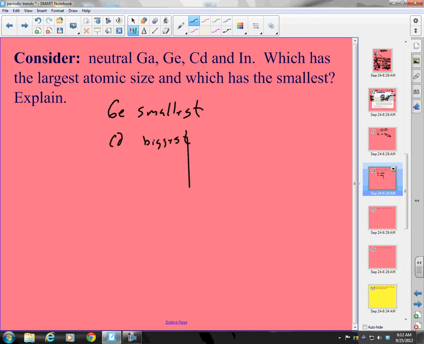And how would I explain that? Well, germanium has the greatest nuclear charge. It was farthest to the right, greatest nuclear charge.